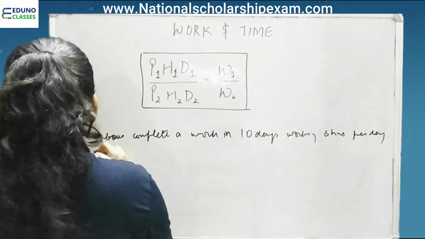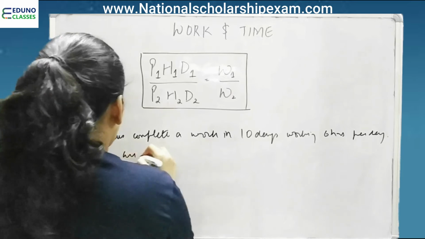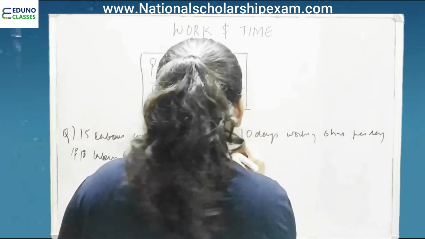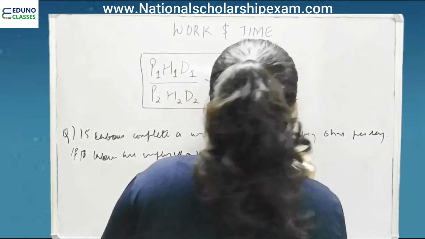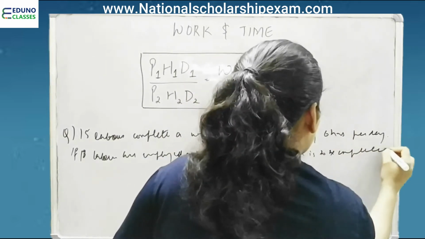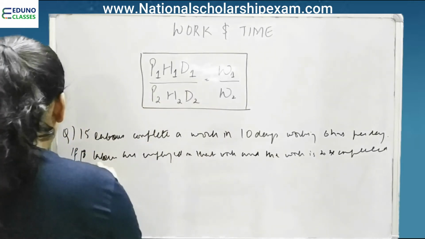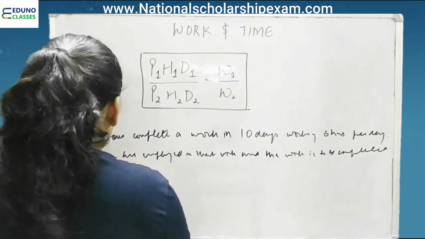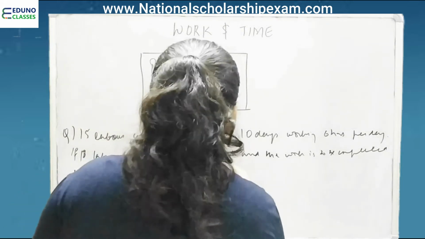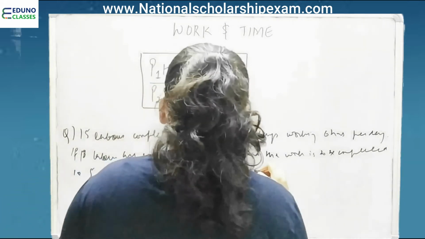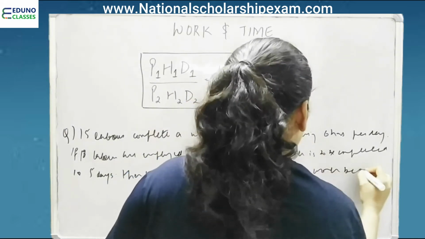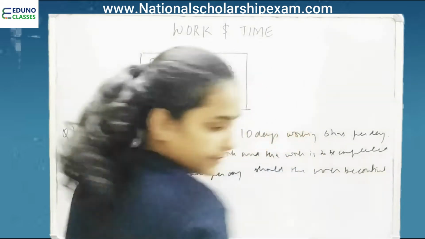If 18 laborers are employed on that work and the work is to be completed in 5 days, then how many hours per day should the work be continued, right?